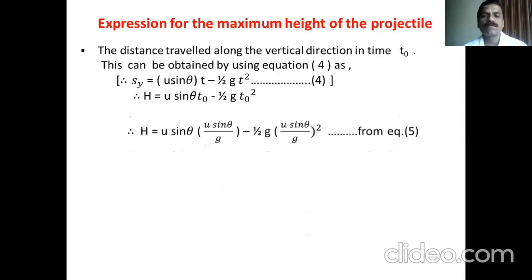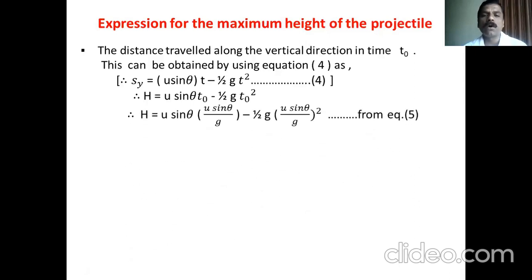Now here we can put the value of t0. It is very simple. You have to put the value of t0 and t0 square. So this equation will become H is equal to u sine theta times, for t0, u sine theta divided by g, minus half into g times u sine theta divided by g, whole square. So we can solve this now.